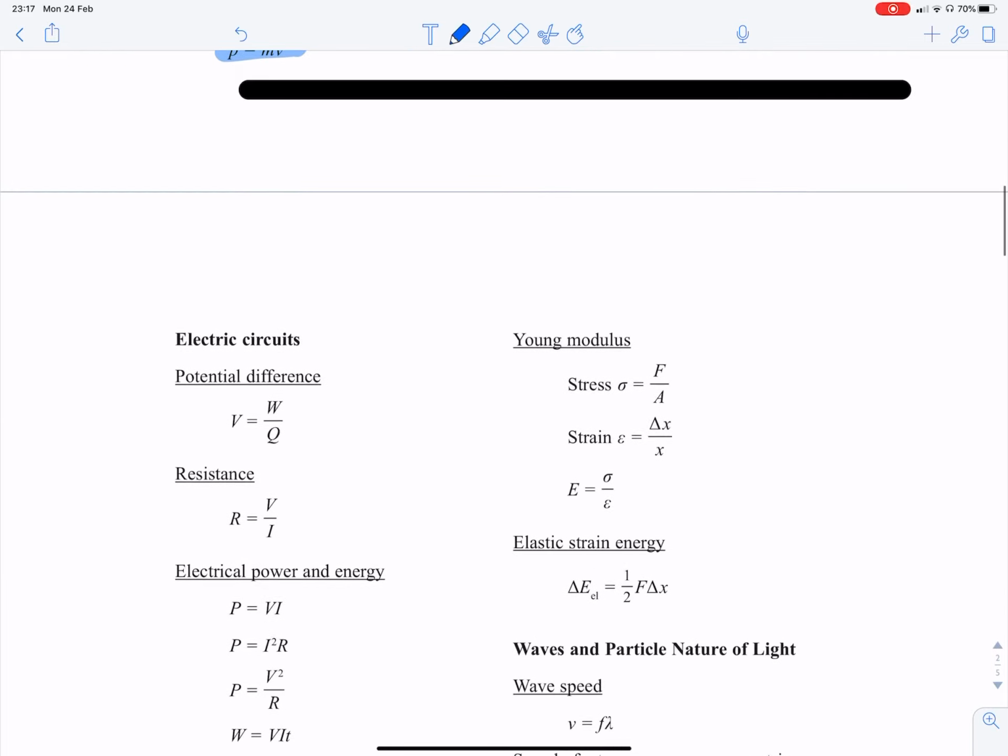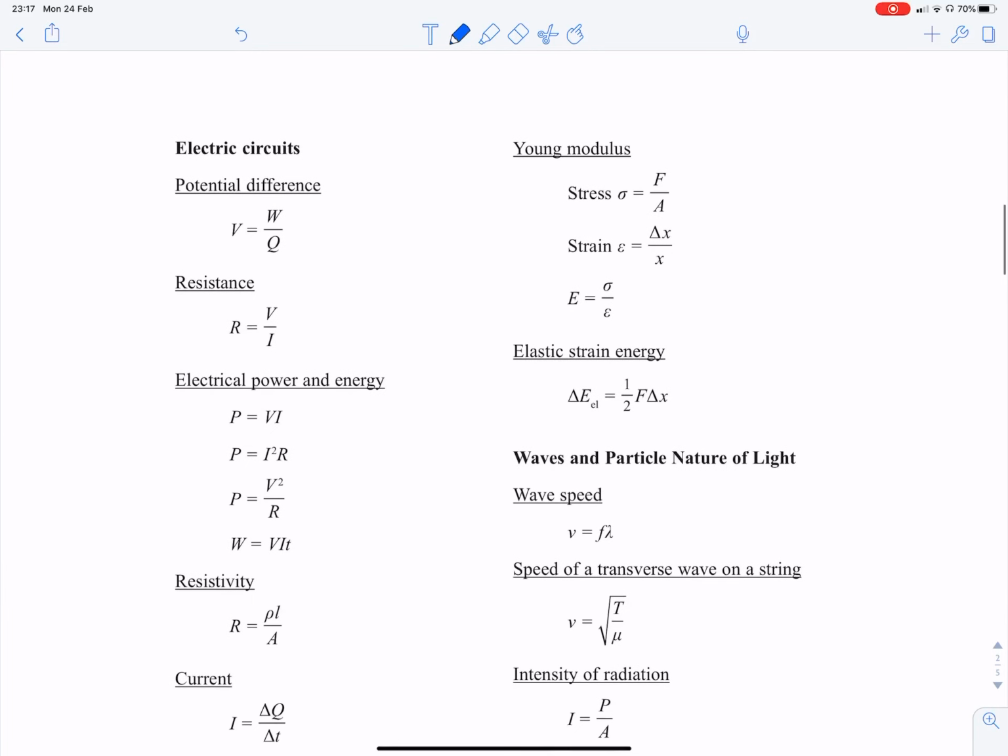Okay, so that's mechanics. Electric circuits: we're going to start with potential difference, which is W over Q, work done divided by the charge. Resistance is voltage divided by current.